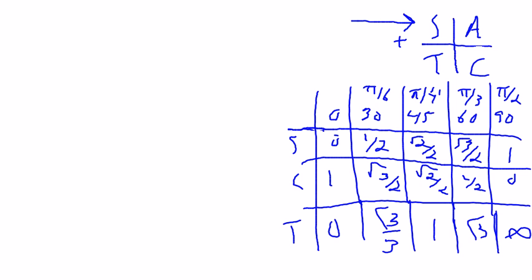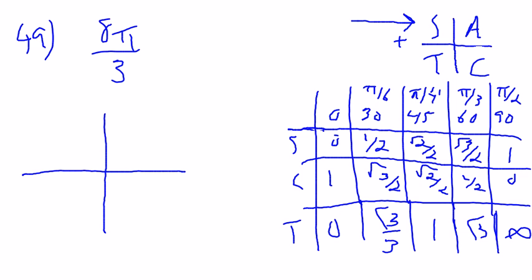Last one of these I'm going to do is 49. It asks for the reference angle for 8 pi over 3. You should know, and we can use the chart to figure it out, that pi over 3 is 60 degrees. So this is where radians actually get easier, in a sense. I'm going to just count by pi over 3's. This is 1 pi over 3, that's 60 degrees.